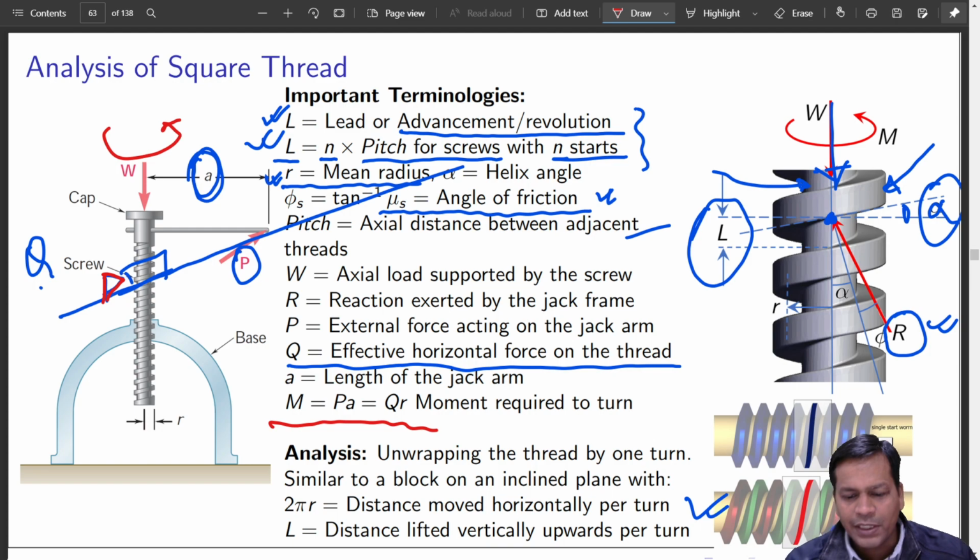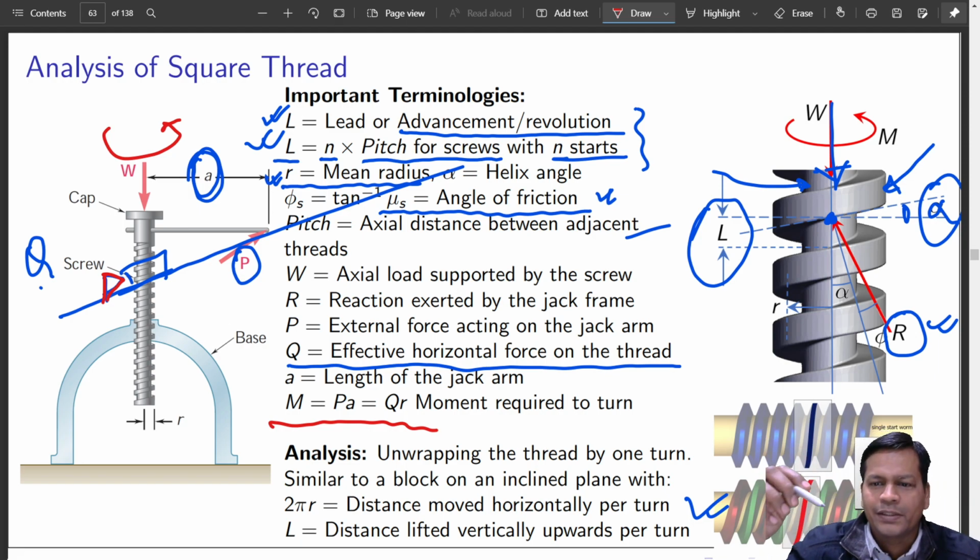So how much distance will this block travel in one complete turn? It will be 2 pi r. If you open this thread and unwind it, you will get 2 pi r distance. That is the distance covered by any load on this surface.